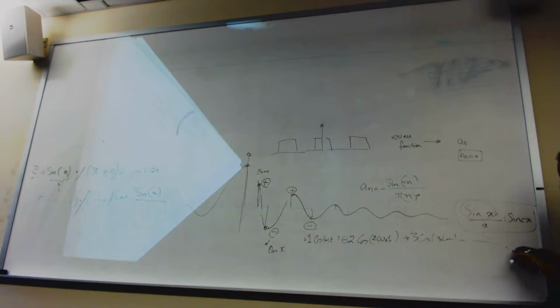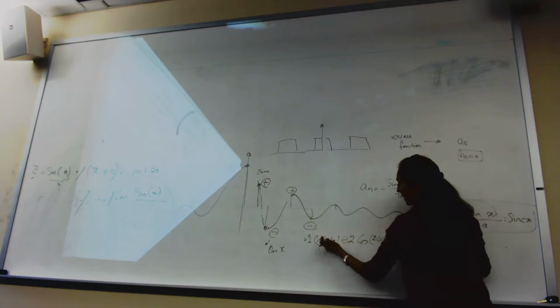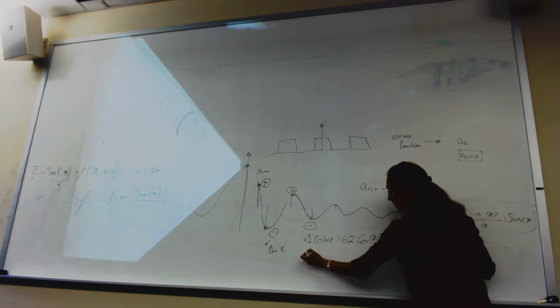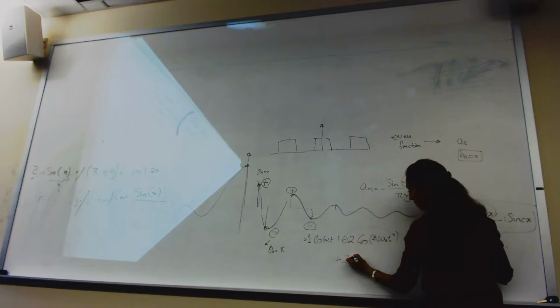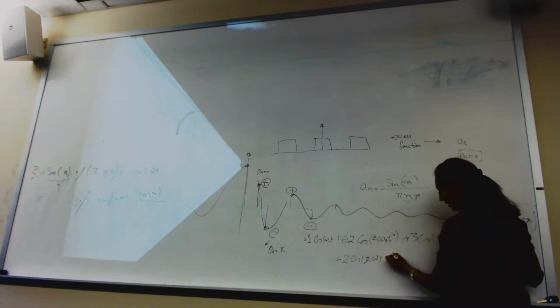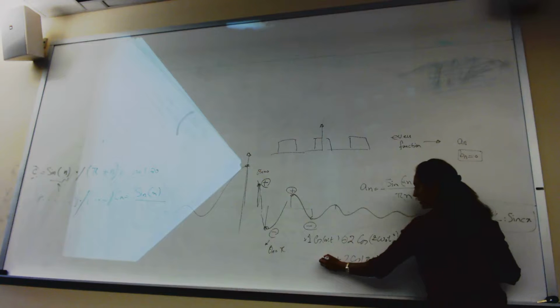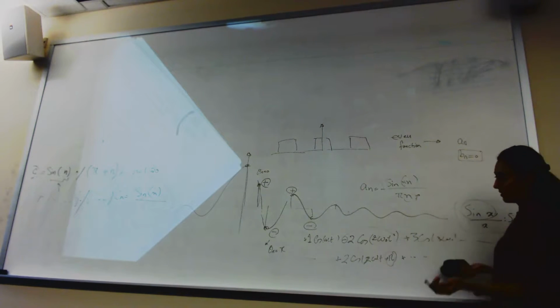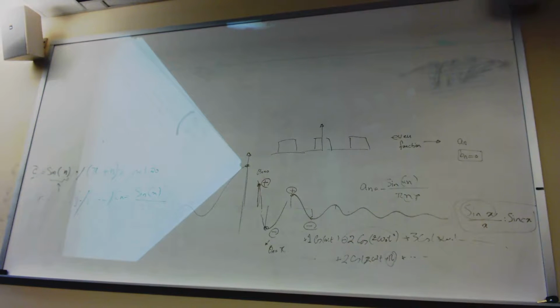Either you can leave it like that and say my C_n are positive or negative, or you can move the sign inside and say plus cosine of 2 omega naught t plus pi. So I keep all of them positive, and all the negatives go inside the phase as pi. That's the conceptual thing. If that's clear, then you are fine.